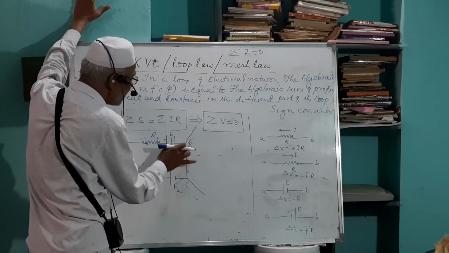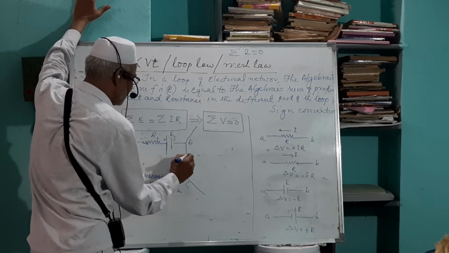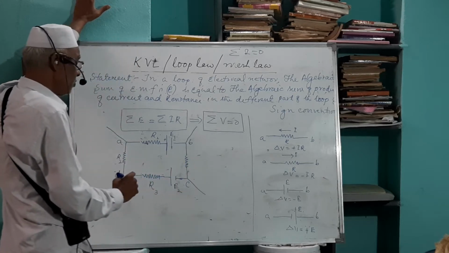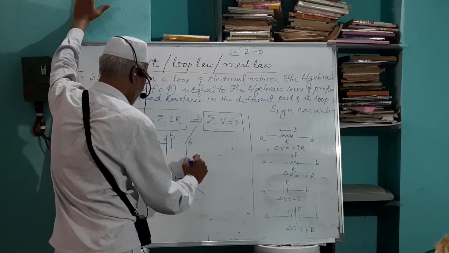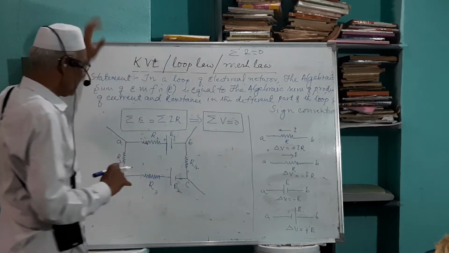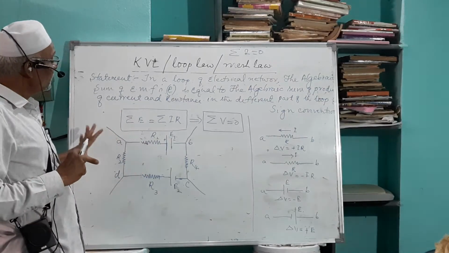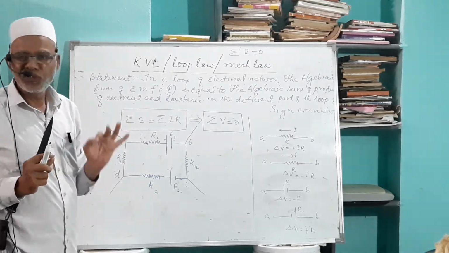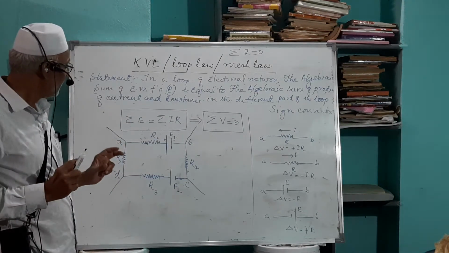Now the BC branch contains some amount of resistance, R4. So we are considering a complex circuit which consists of 4 resistors and 2 cells.